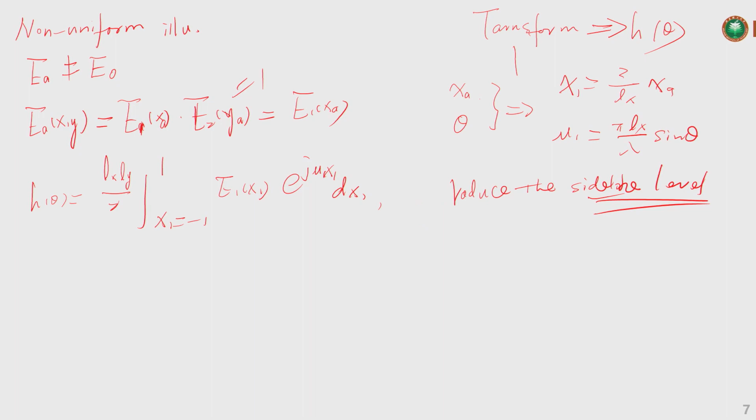And so the first thing is of course it is non-uniform. So E1(x1) can follow several kinds of distribution functions. For example, it can follow a cosine function, and also it can follow, for example, a parabolic function.